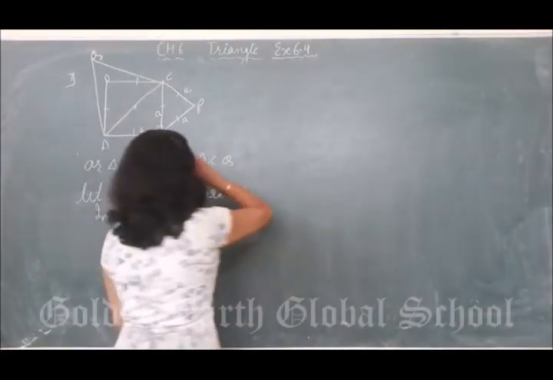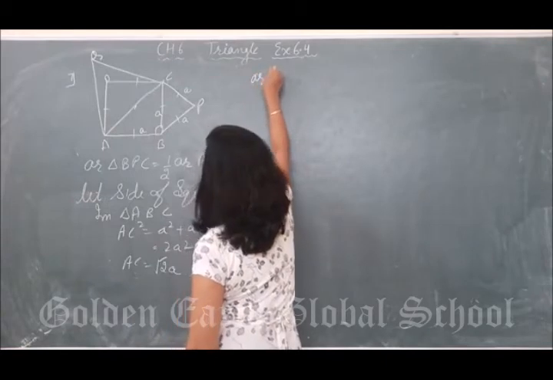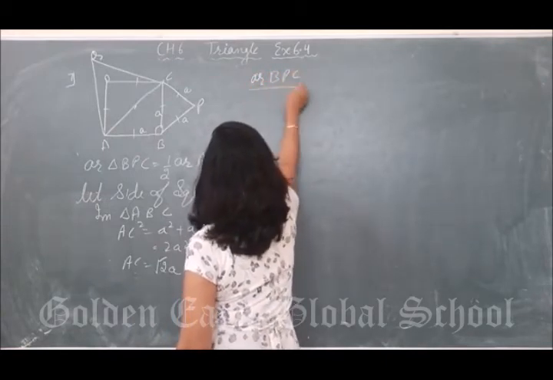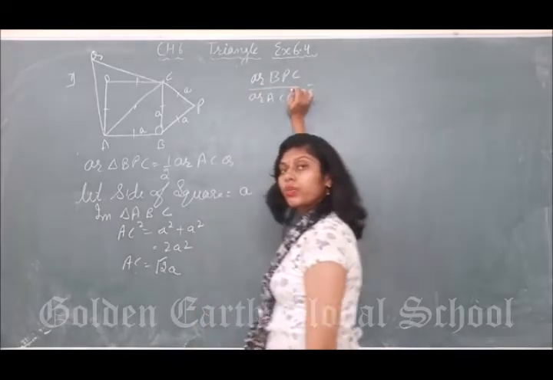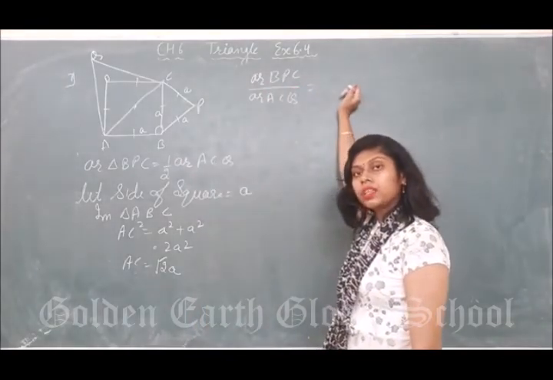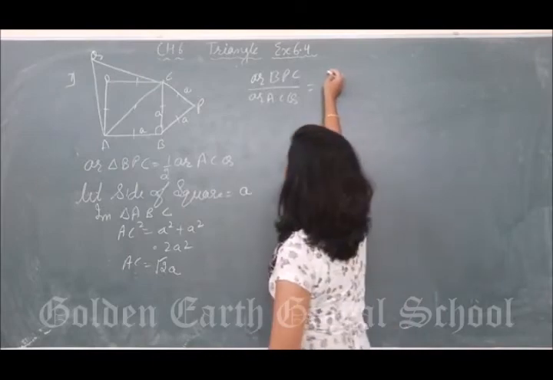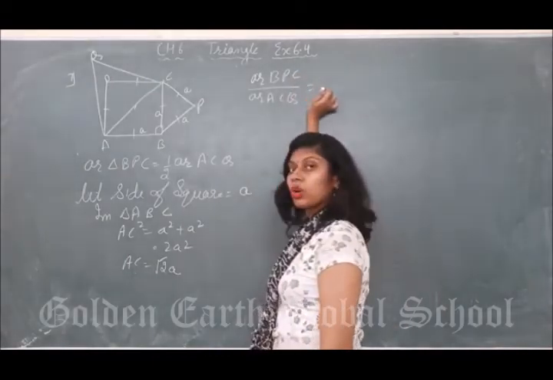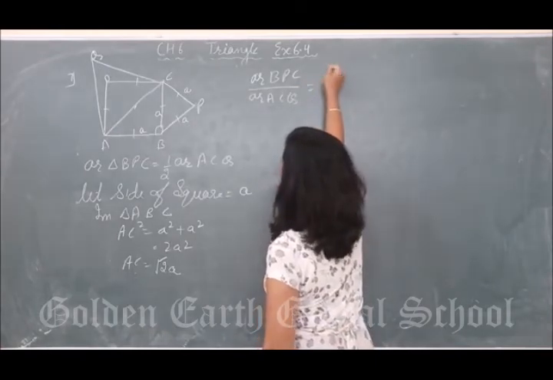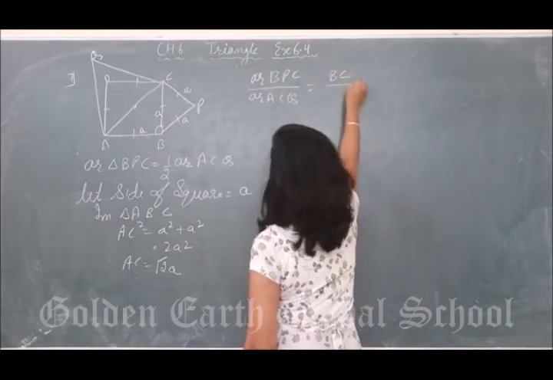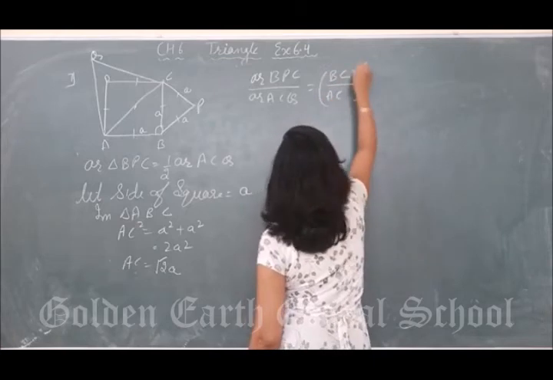Apply the result for the ratio of area of BPC upon area of ACQ, because both triangles are equilateral and equilateral triangles are similar. You can choose any side, because in an equilateral triangle all sides are equal. You can write BC upon AC, whole square.